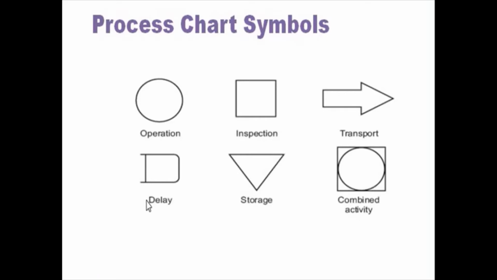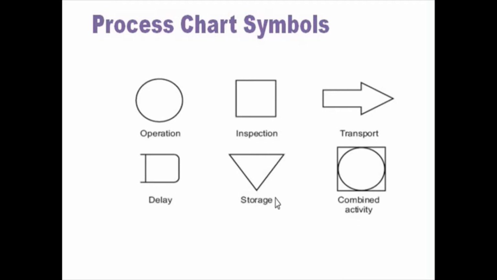Sometimes a tool is waiting to process a particular job, and that time it is represented by this capital D. Or a workpiece which is waiting to be processed on the machine is represented by this capital D. It is in a waiting position, so it is considered temporary storage. It can be known as delay or temporary storage.